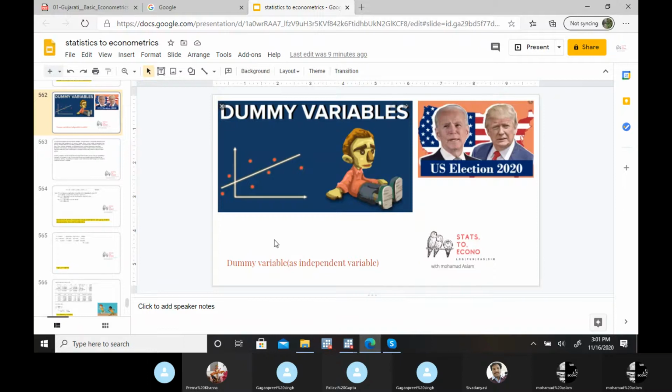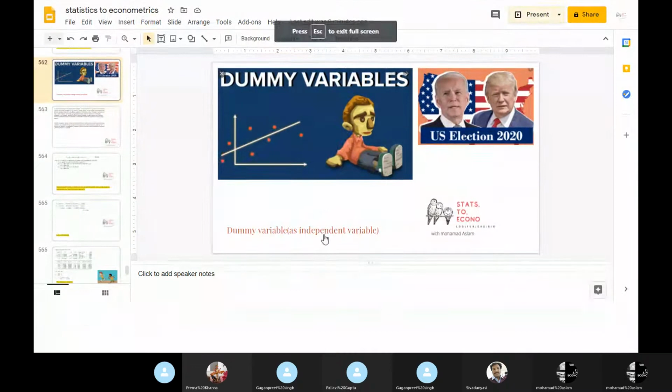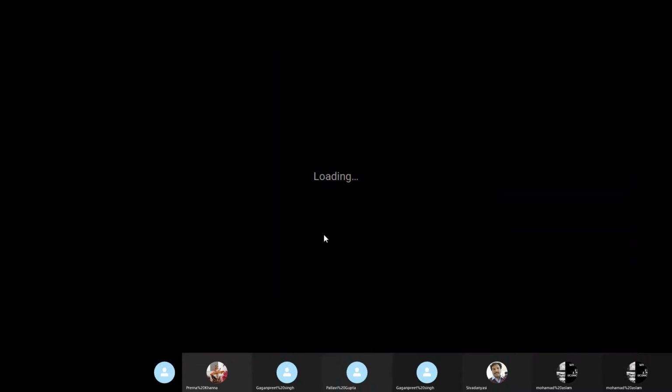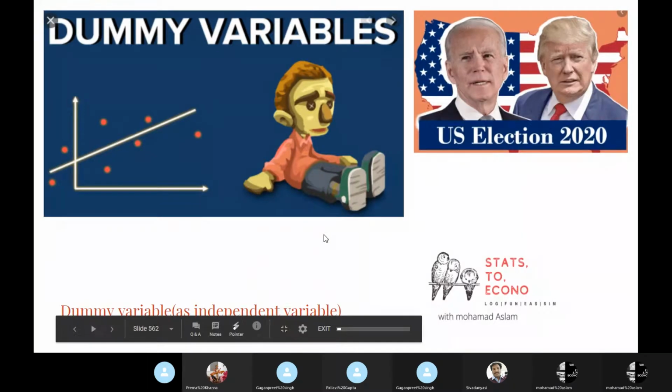So generally, dummy variables are qualitative independent variables, nominal scale variables. When we introduce any particular dummy variable in the regression, it is in binary form.